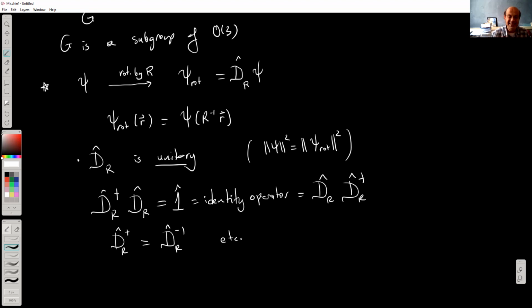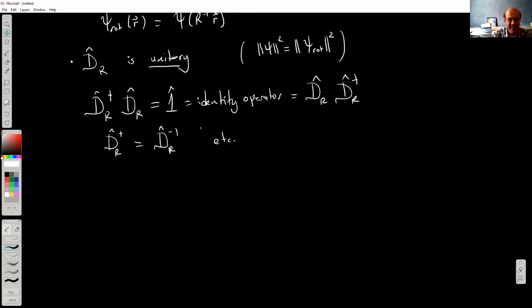Sorry, this is a representation. D from the group to, let's say, operators on this Hilbert space, the space of square integrable wave functions on that vector space.